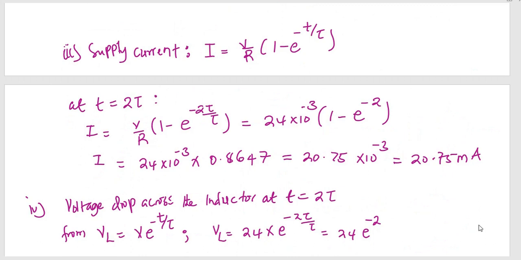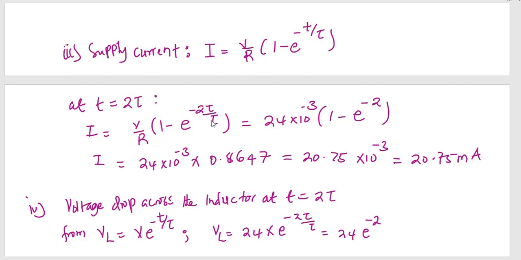What about the supply current? The supply current is equivalent to V over R into 1 minus e to the power negative t over tau. When we want the supply current at t equal to 2 times the time constant, we just substitute in that value of t, which is twice tau.